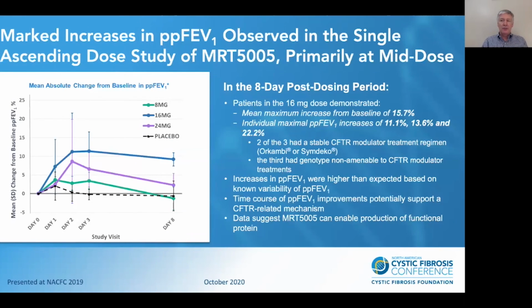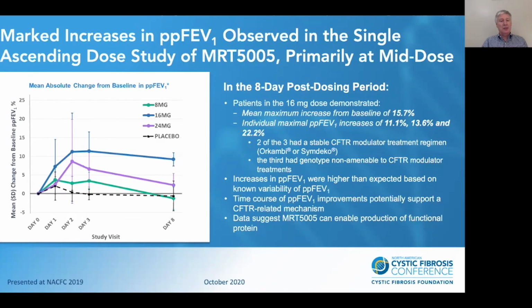In terms of FEV1 changes, we observed a marked increase in FEV1, mainly at the 16 milligram mid-dose level, as shown by the blue line in the graph on the left-hand side of the slide. And the individual FEV1 increases at 16 milligrams range from 11 to 22%.